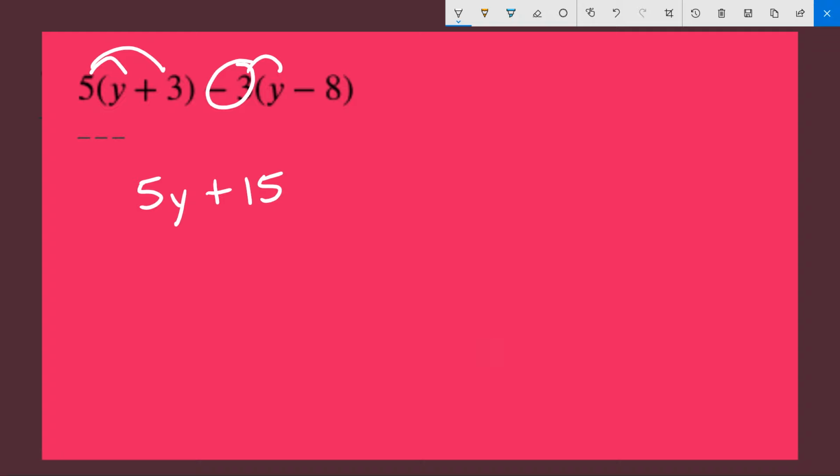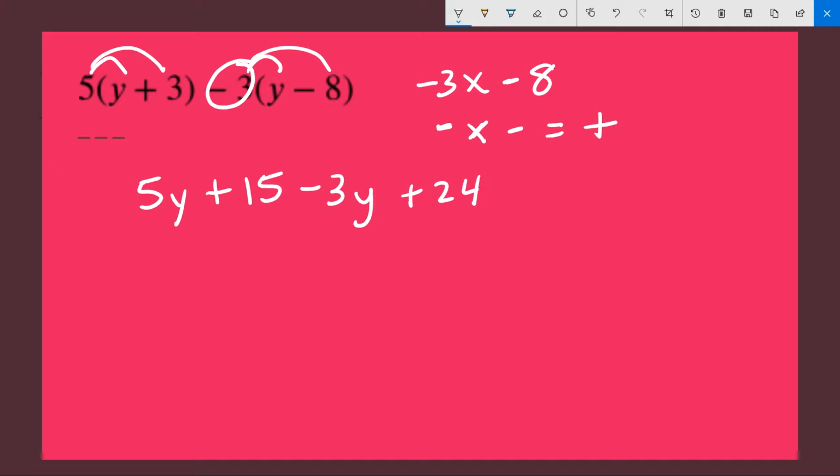Negative 3 times positive y is negative 3y. This one is negative 3 times negative 8. A negative multiplying a negative equals a positive. Simplest mistake in the book to make. So this is positive 24.